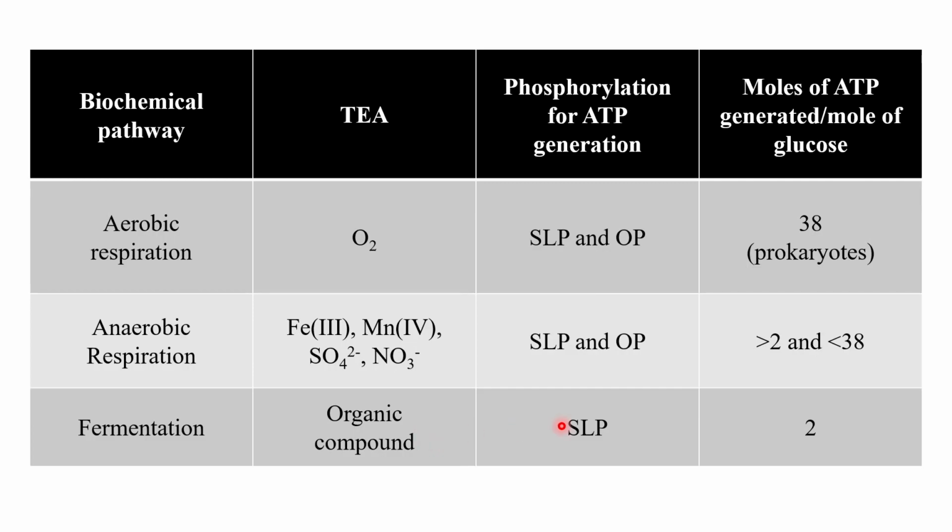So this is a very minimal process, you can say. In the complete aerobic respiration, where the terminal electron acceptor is oxygen, both substrate level phosphorylation and oxidative phosphorylation are happening.